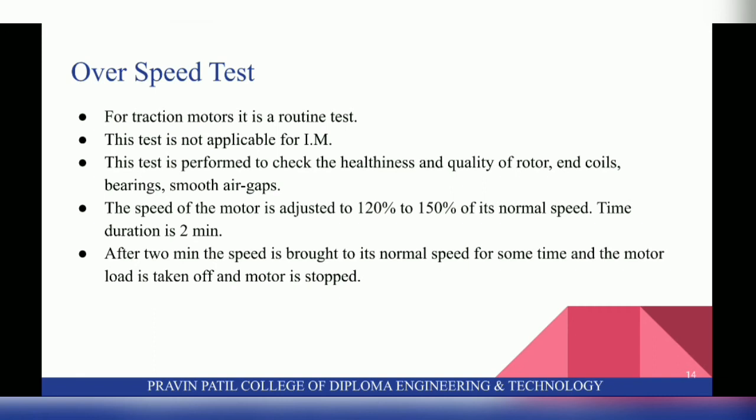After 2 minutes, the speed is brought to its normal speed for some time, the motor load is taken off, and the motor is stopped. So in this test, the speed is adjusted to 120 to 150% of its normal speed for 2 minutes, and you have to check the performance.